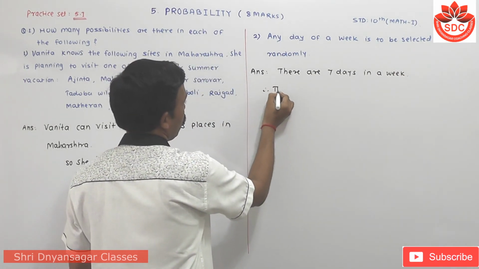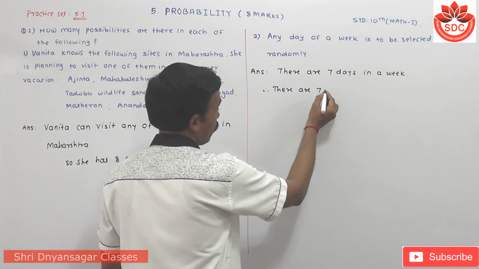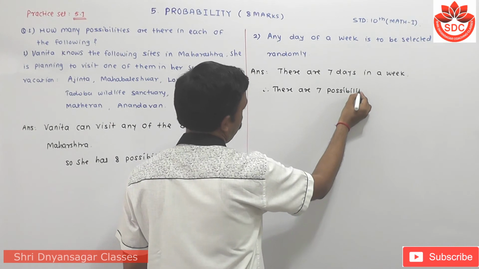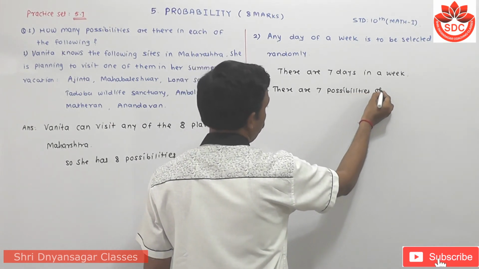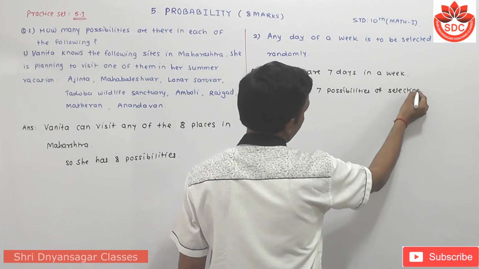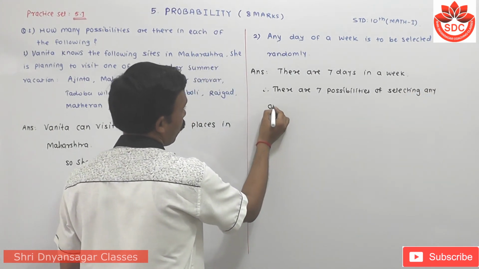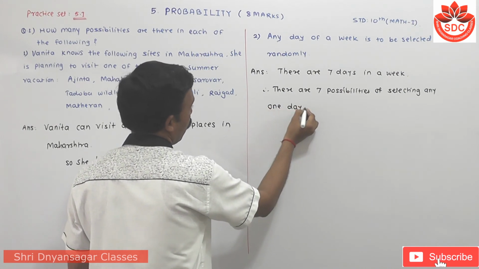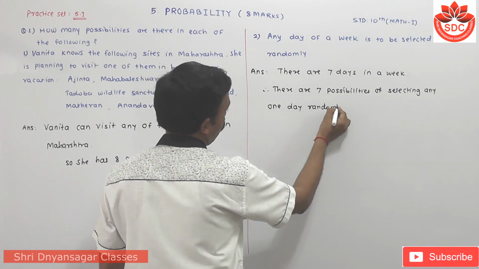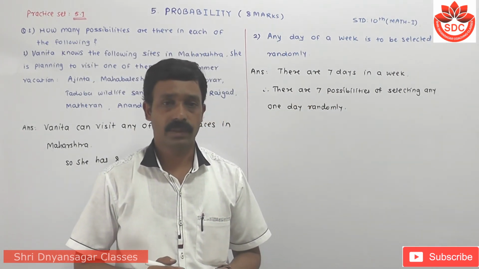Therefore, there are 7 possibilities of selecting any one day at random. Okay, we take the next example.